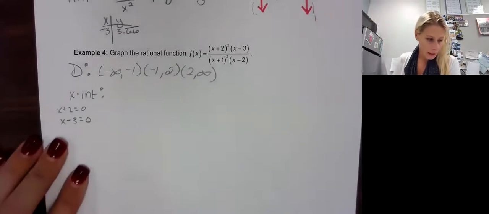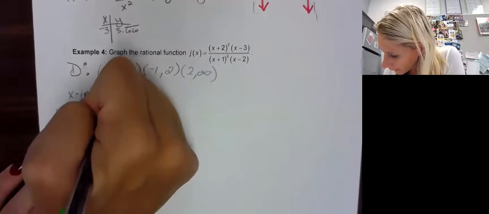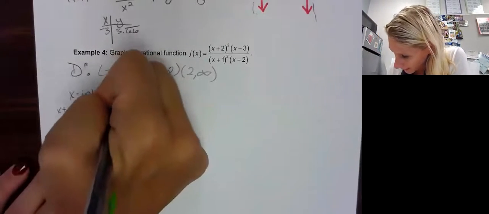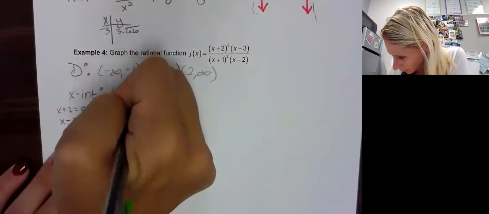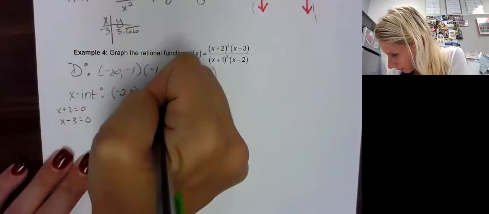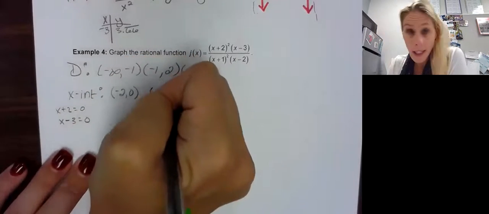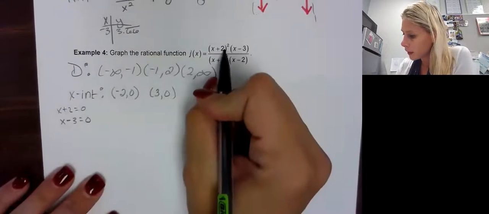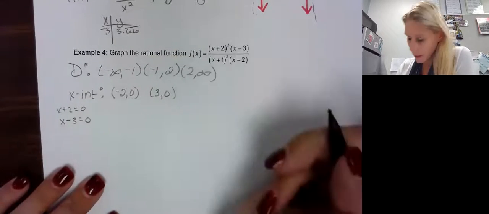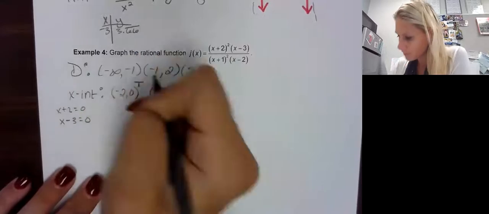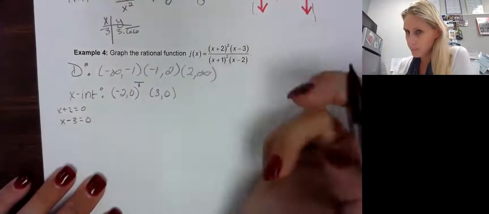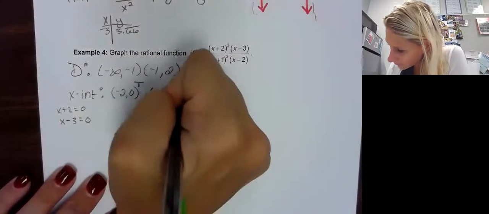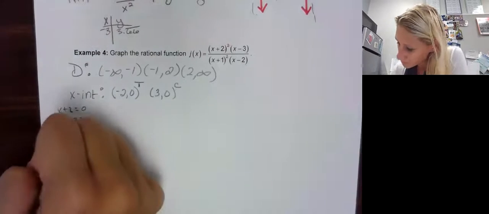So when I solve that out, I get an x-intercept at -2, 0, and at 3, 0. This time, let me do cross and touch right now. -2 up here is an even, so it must touch, where 3 is an odd, so it must cross.